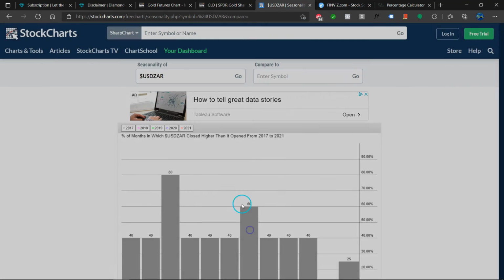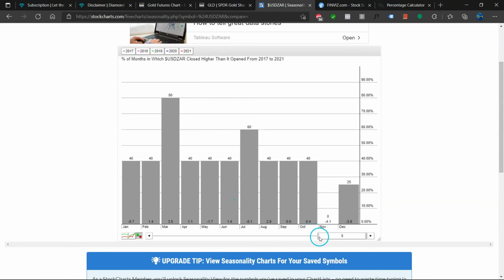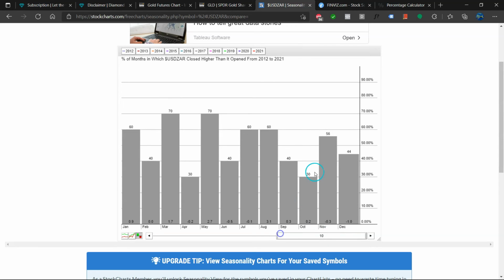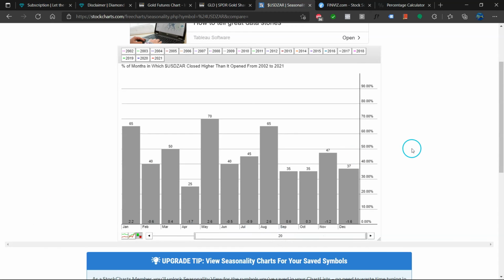When we go here to seasonality, over the last 5 years, then we do see that there's a clear weakening, and November is the weakest month. Over the last 10 years, all of a sudden, from October to November, we see a significant strengthening, and also January is strong over the last 20 years.